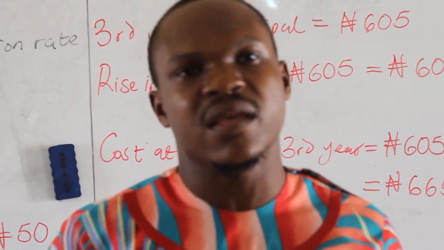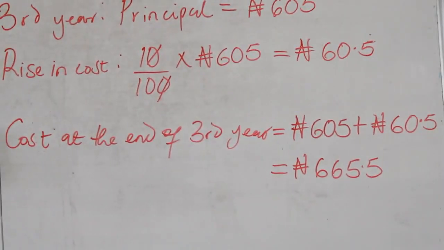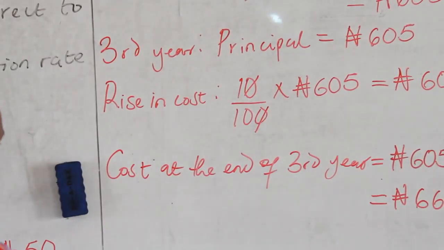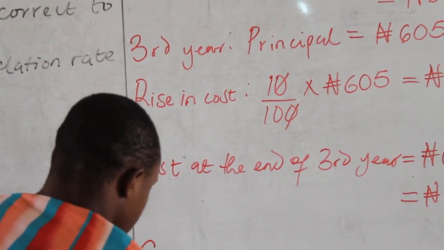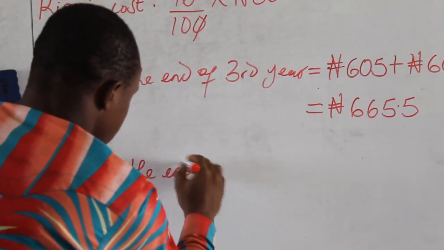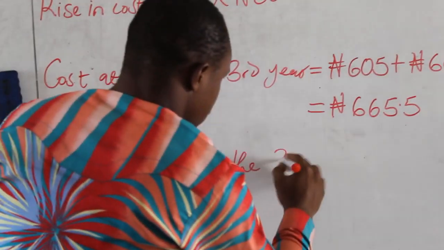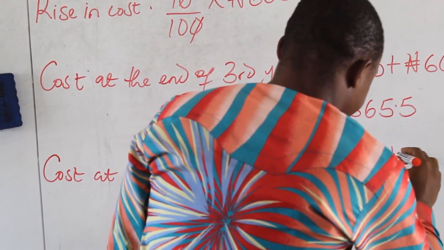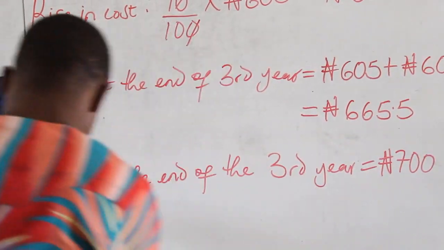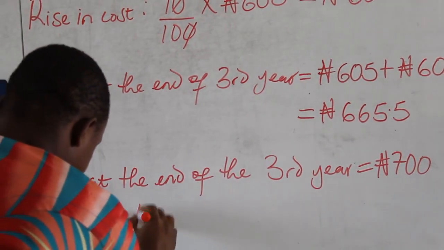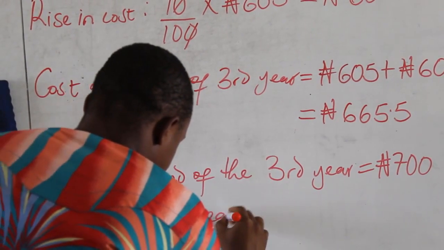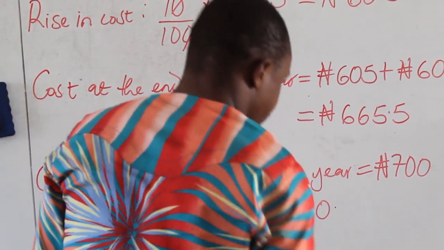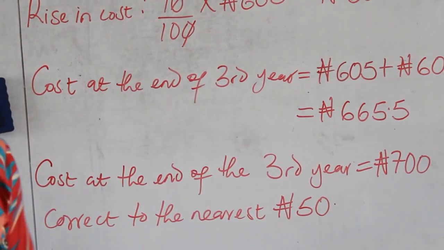So if we are going to approximate this, then our answer is going to be 700 naira, correct to the nearest 50 naira. This is our final answer.